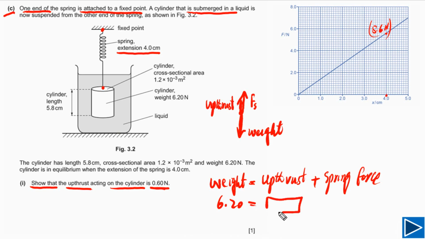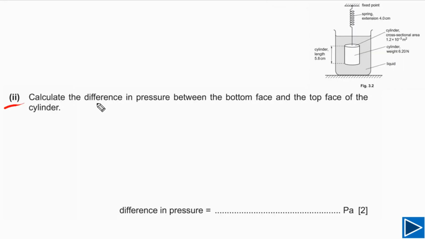Value of upthrust is not given to us, but the spring force we have found, that is 5.6. Now if we solve this one for upthrust, we can find out its magnitude. In this case, the value of upthrust is 0.60 newtons.